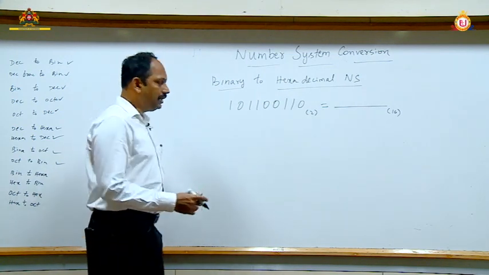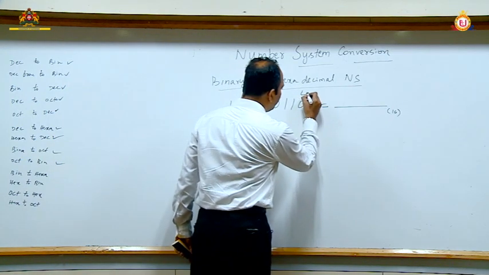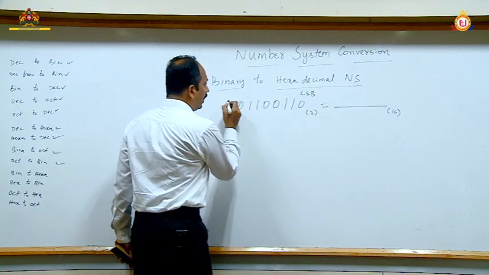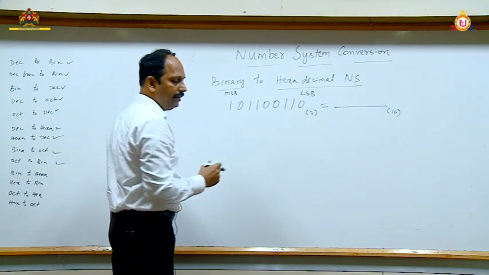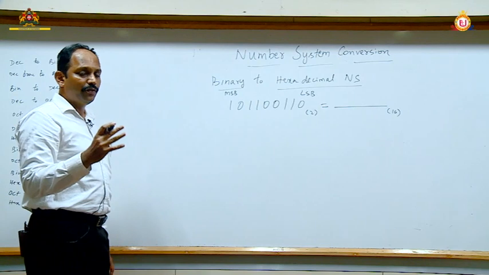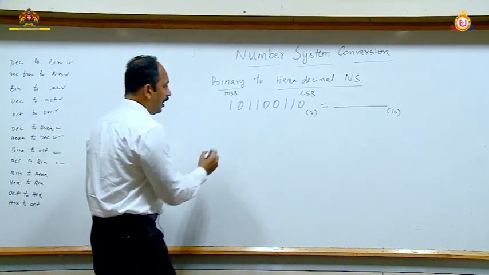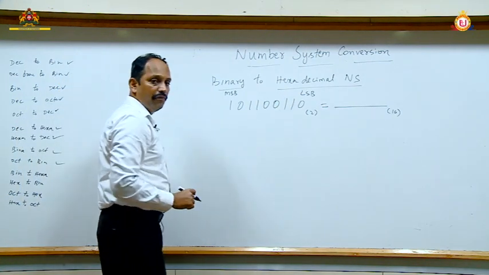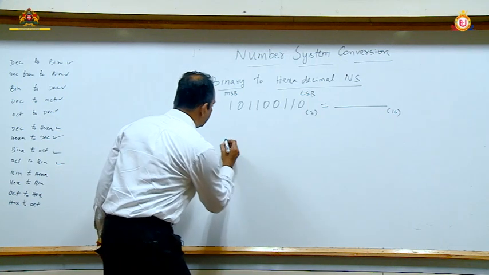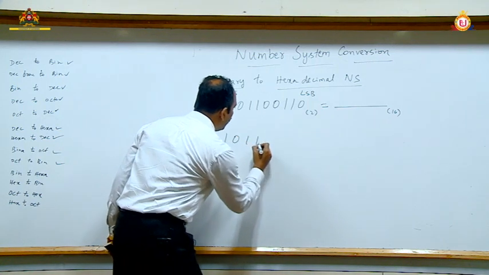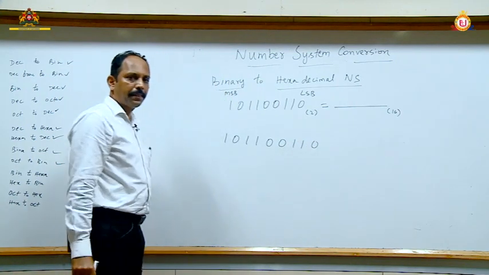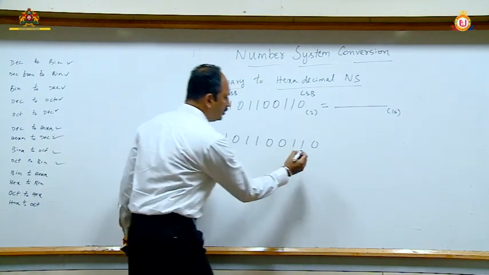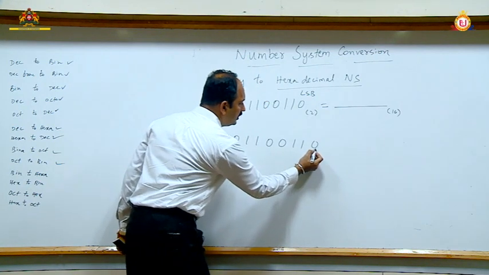Again we have to start from the least significant bit and extend it to the most significant bit, then make a group of 4 binary digits. So I am rewriting the same value, that is 1 0 1 1 0 0 1 1 0. The least significant digit is 0.